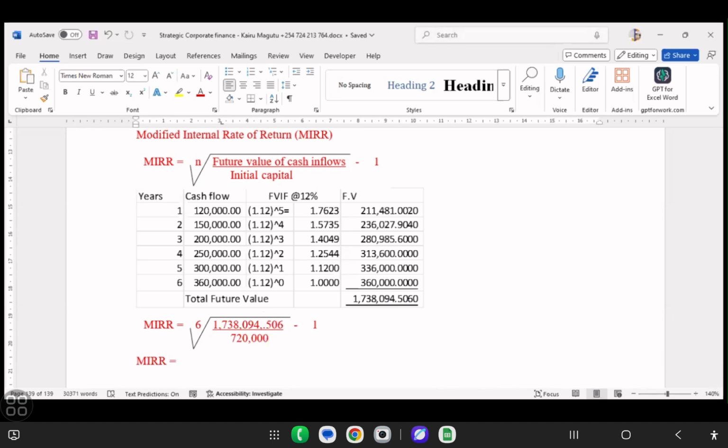Give me the modified internal rate of return, if you can see it from my screen. Or someone is requesting an explanation of the future value. Okay, first give me the MIRR. I will explain. Give me the MIRR.